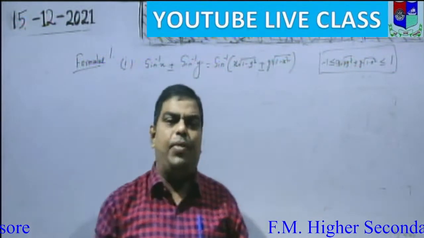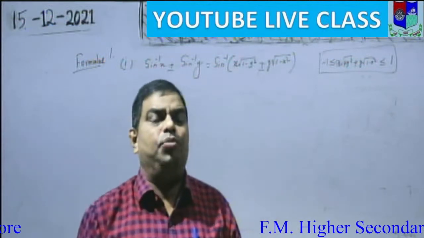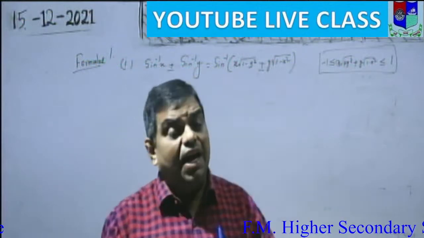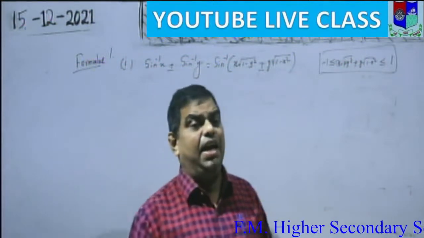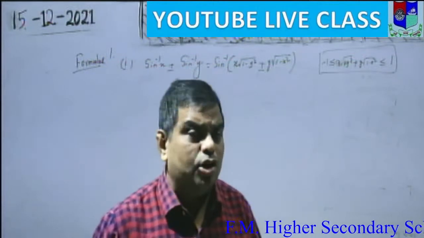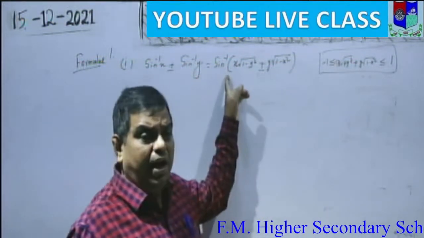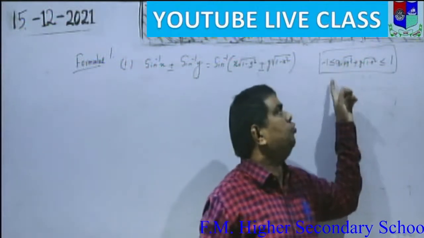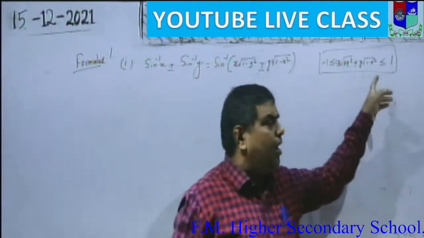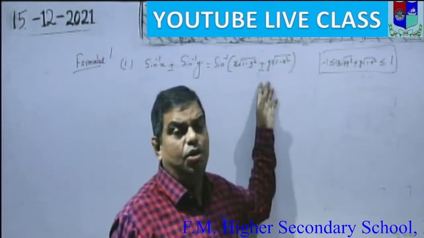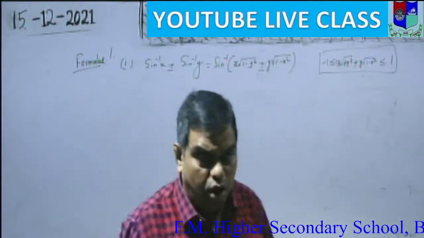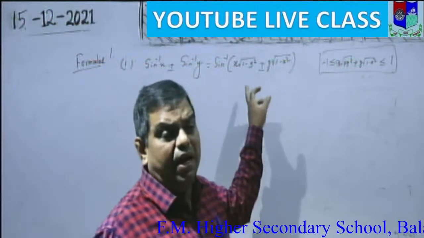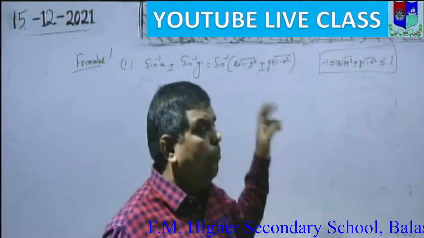Sin has its maximum value 1 and minimum value minus 1, so sin inverse has its range from minus 1 to plus 1. Solving this, we are getting the domain for the inverse function. A domain is taken only to satisfy its maximum and minimum value.